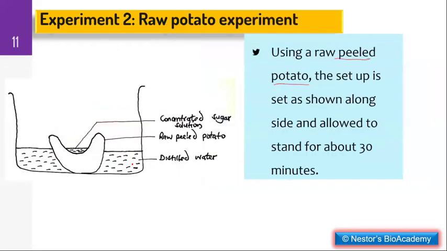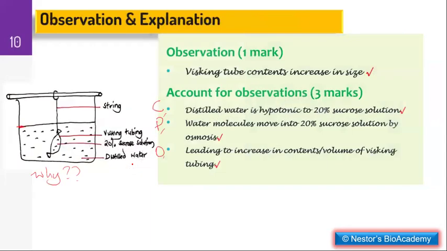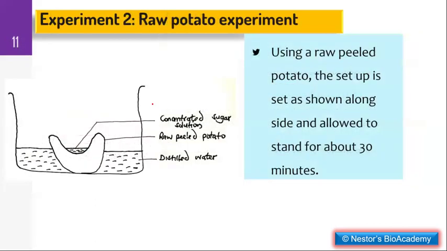Just like in this other case that we looked at, if you mess with the observation, then obviously accounting for the observation also becomes very tricky for you to score, because the questions are always tied. State the observation made, 1 mark. Then part 2, account for the observation you have made above. Meaning if you state a wrong observation, it becomes difficult for you to score for the explanation as well.